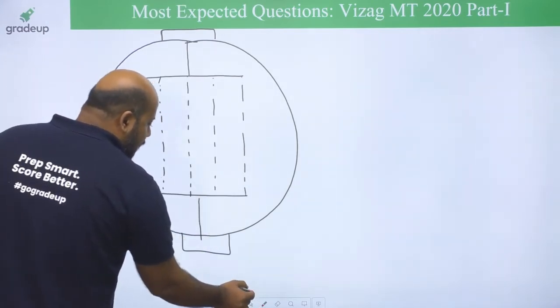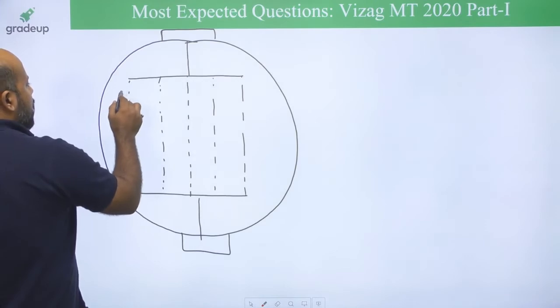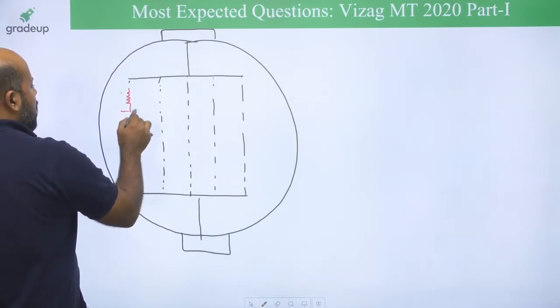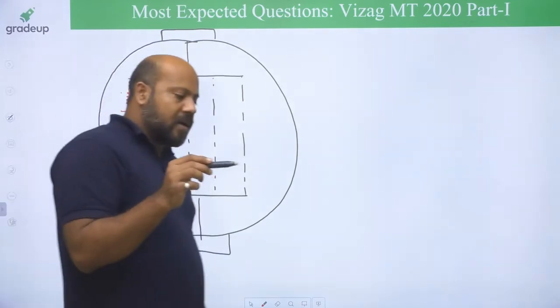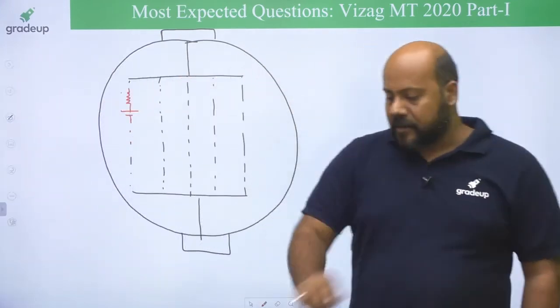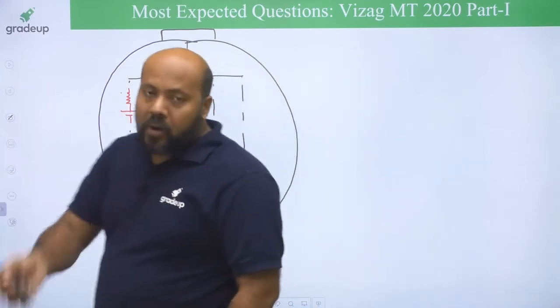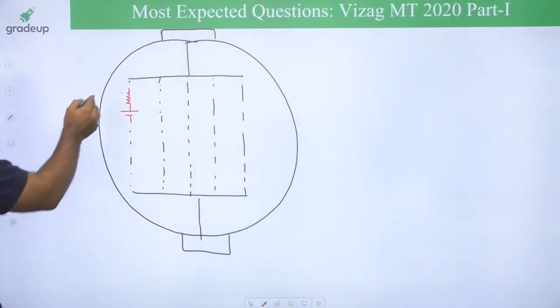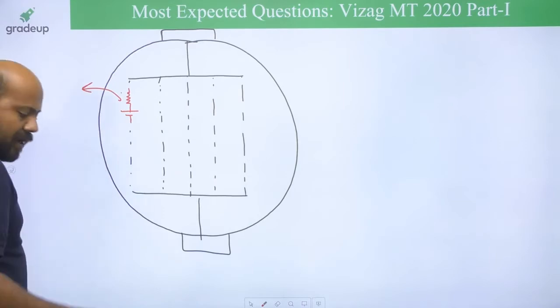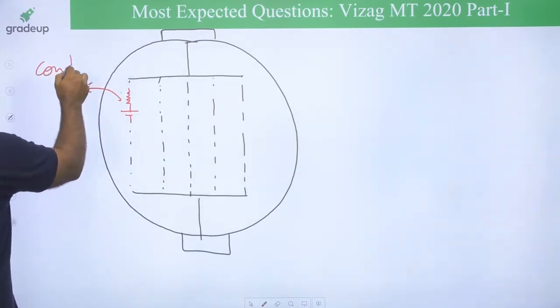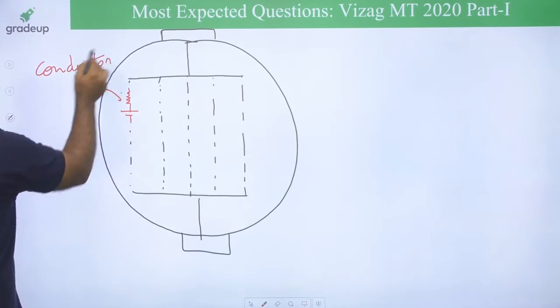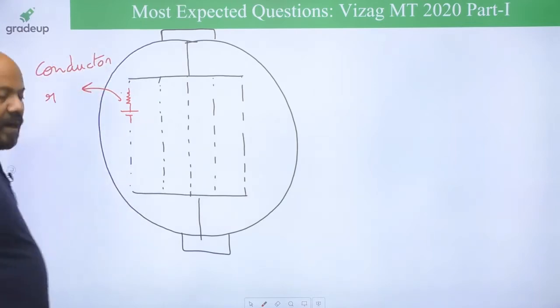Now suppose any one conductor in any one parallel path is like this. This is a single conductor, and you say its resistance is small r.